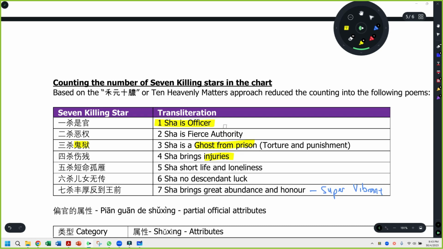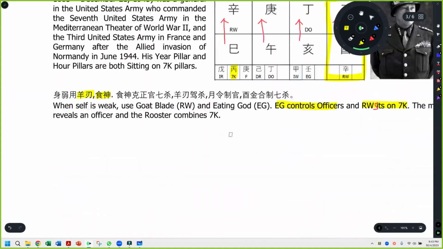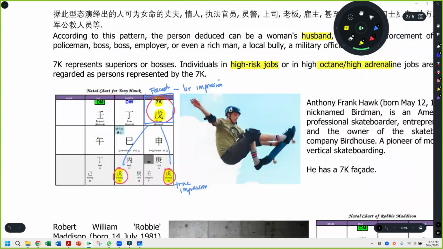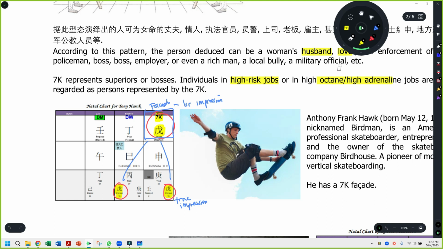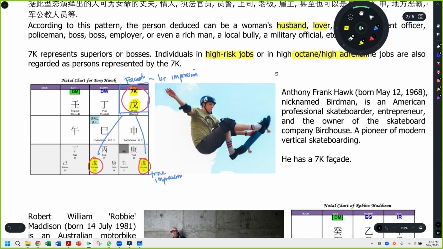He has to be very careful in his career because when you participate in such sports, there is always accompanying risk that can come in. Therefore, he has to be very careful at certain times, certain seasons, because he has 3 7 Killing.